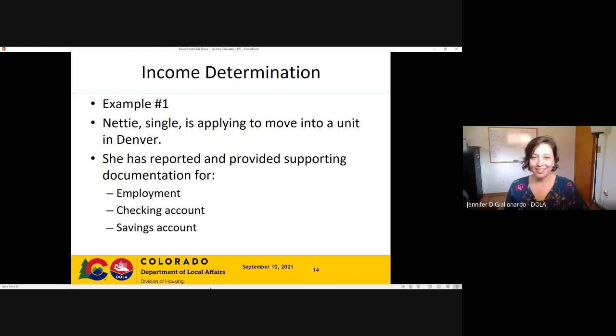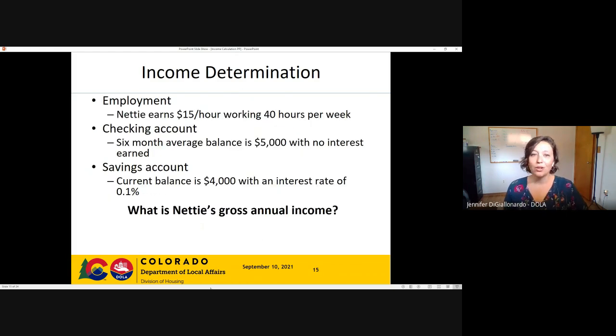All right, so we are going to dive into our first example. We have Nettie, who is a single individual. They are applying to move into a unit in Denver. And we're looking at Nettie's income and asset report, and she reported employment, a checking account, and a savings account.